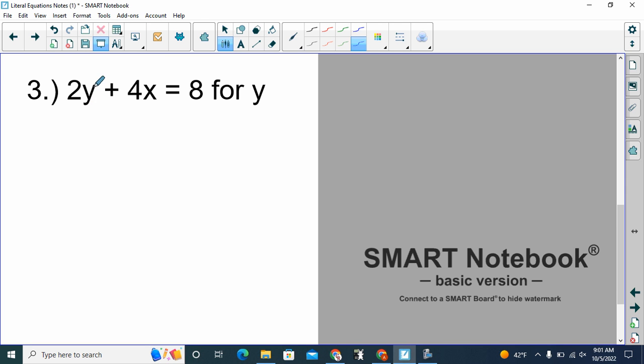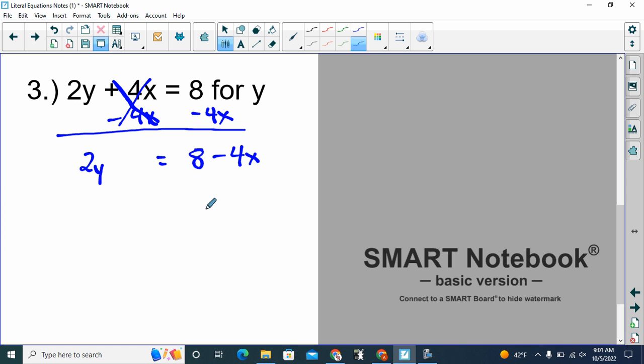I'm solving for y. I'm multiplying y times 2, and then I'm adding 4x. So the first thing we need to do is subtract 4x from both sides. Those cancel. I get 2y equals 8 minus 4x.